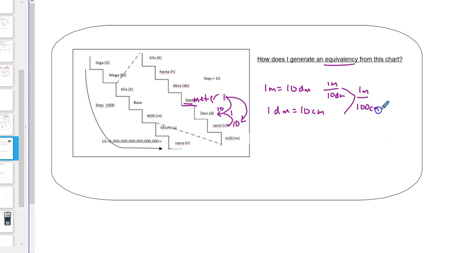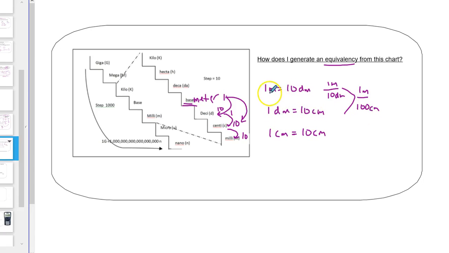And then 1 centimeter equals 10 millimeters. So it's all this 10, 10, 10. If 1 meter equals 10 decimeters, and 1 decimeter equals 10 centimeters, then we get this 100.